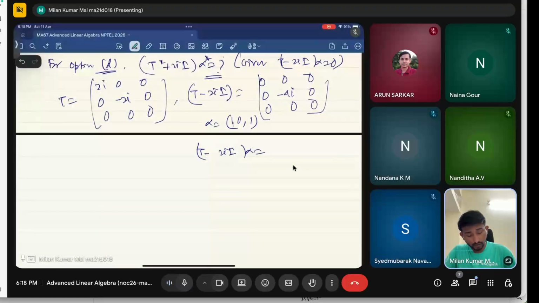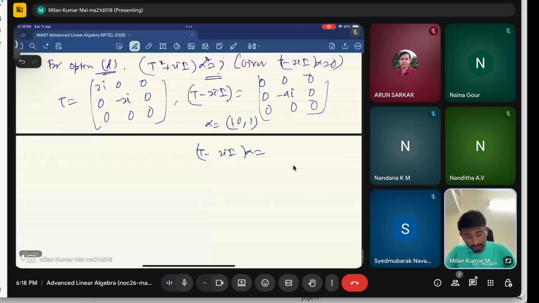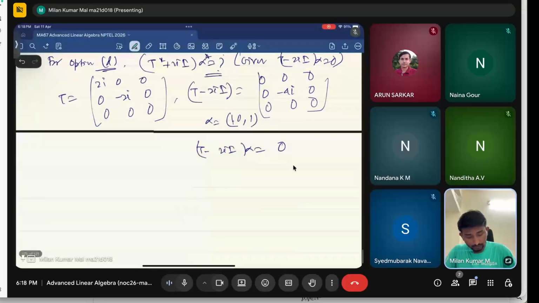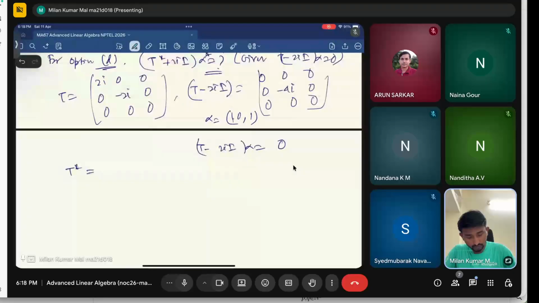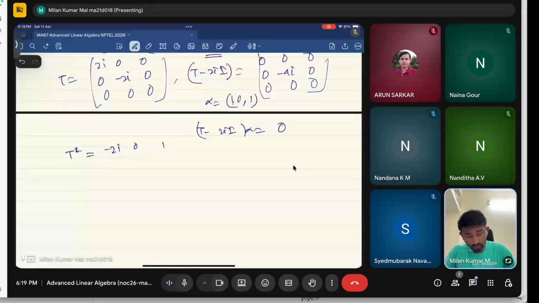Now if I consider T star, what is T star? T star equals minus 2i, 2i, 0 along the diagonal. This is T star.